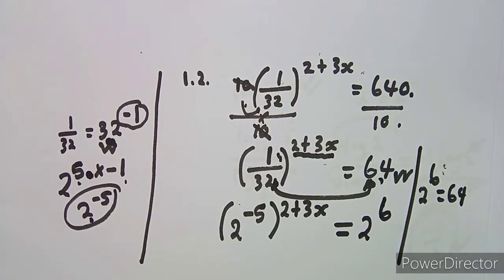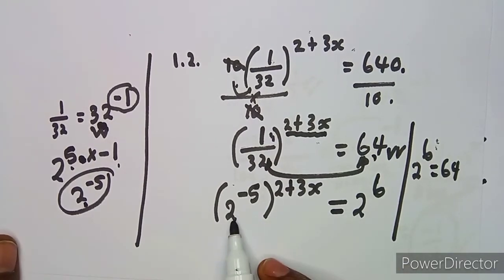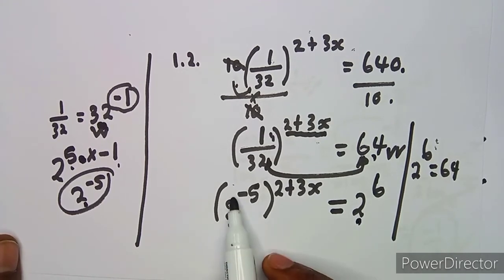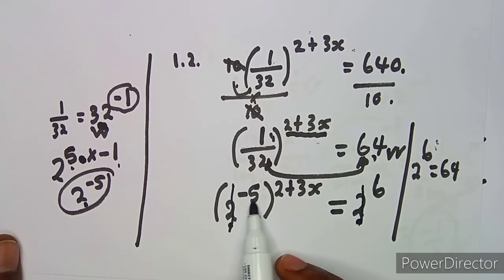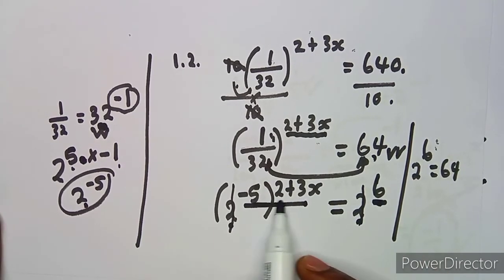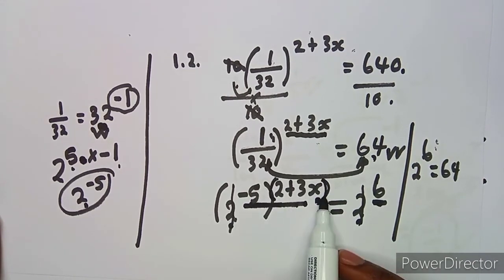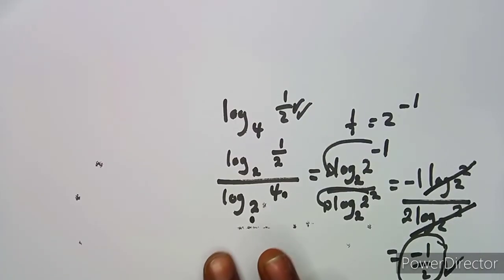Now we are almost there. We can just take these directly, because as you can see, the base here and the base are the same. So we can just equate the exponents, this exponent to this exponent. But take note that these are multiplying, because this is an exponent, so you can open a bracket like this.